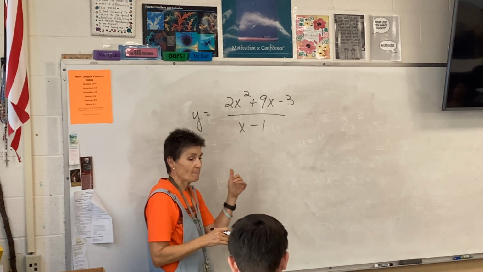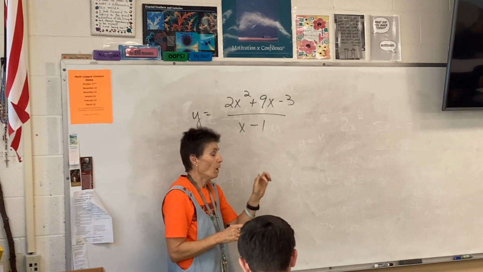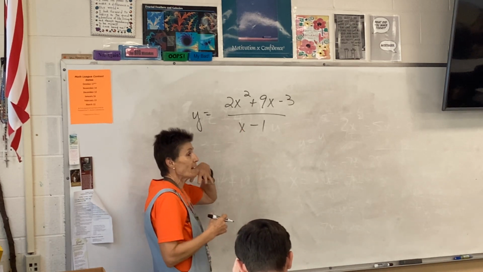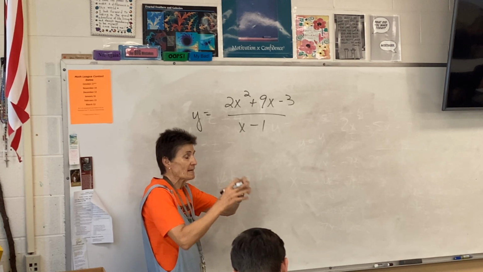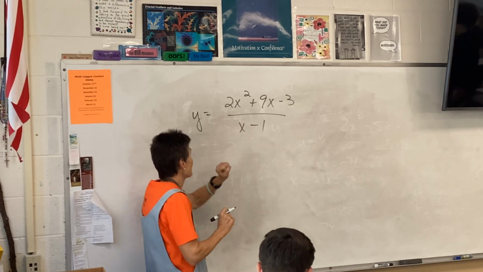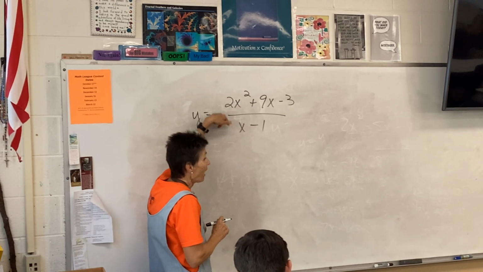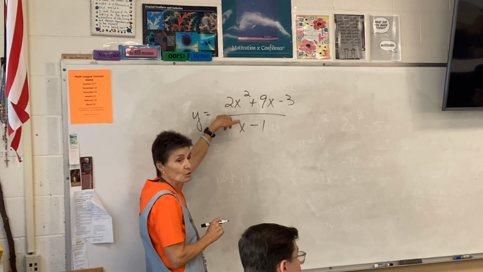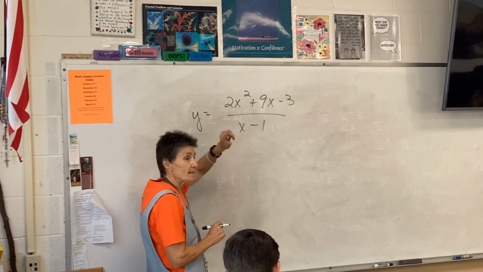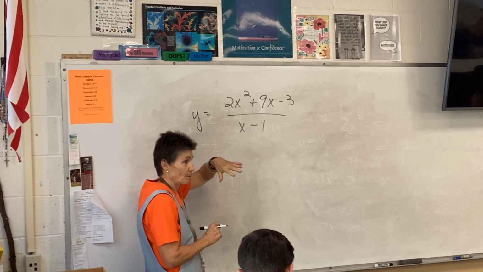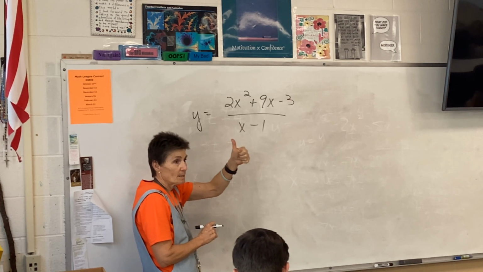So remember what we talked about the other day was that to find the end behavior asymptotes, to find how the curve behaves at the end of the picture, you look at the highest power in the numerator and the denominator. If they match, that is awesome.